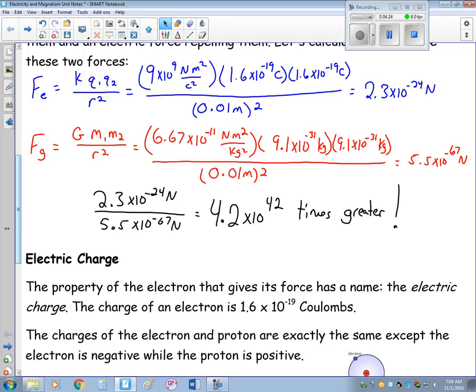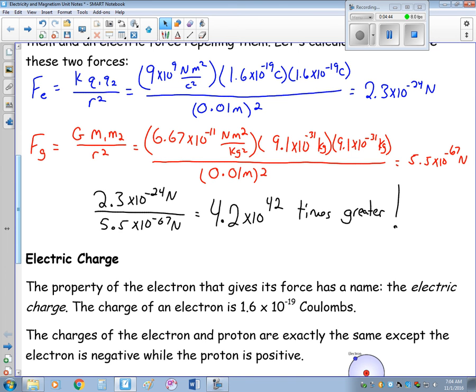Electric forces are the second strongest forces in nature, while gravitational forces are the weakest forces in nature. And hopefully this math, I know it's a little lengthy, but hopefully this math helps to illustrate how much stronger the electric force is than the gravitational force.